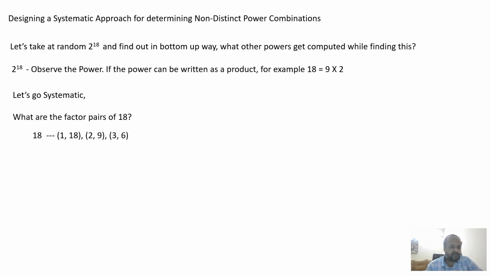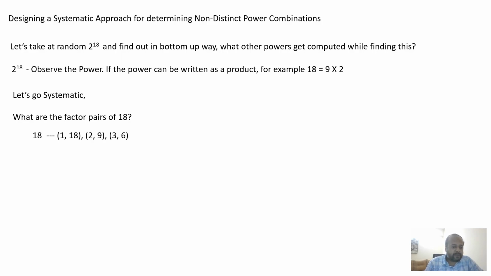So you just list out 1 18, 2 9, and 3 6. 4 into 4 is 16, and the square root of 18 is 4 point something, so there is no need to go after that.